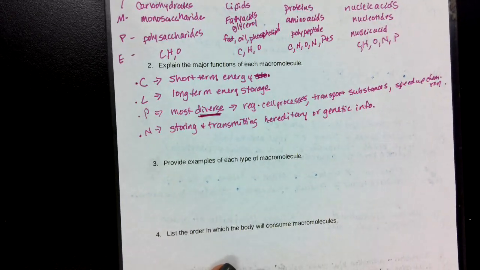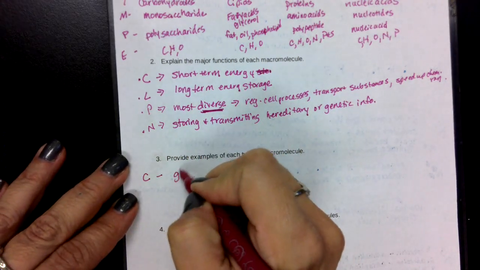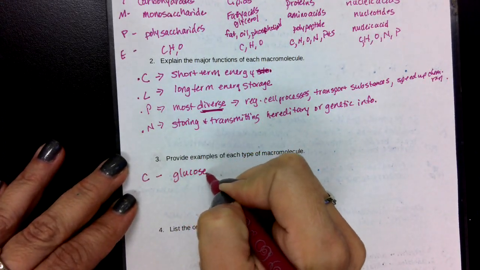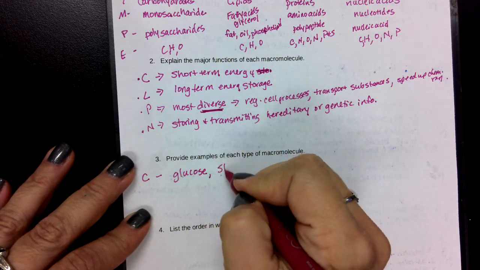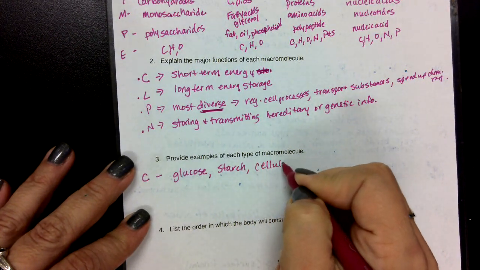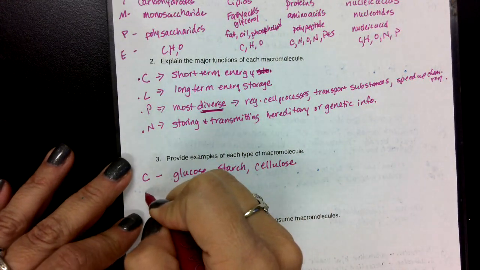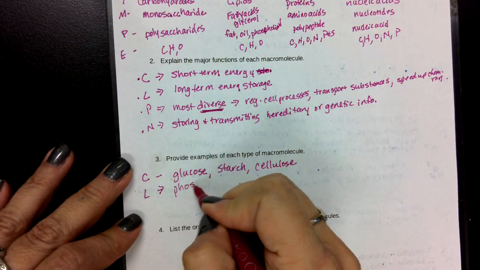Provide an example of each type of macromolecule. And so here again, you may see this. So for carbohydrate, glucose. You may see starch. You may see cellulose. Those are carbohydrates. Lipids, phospholipids.